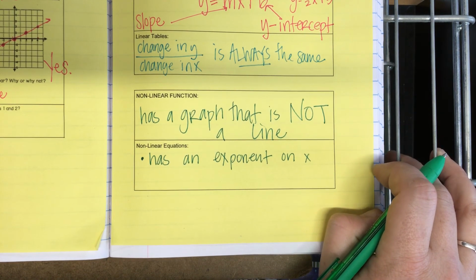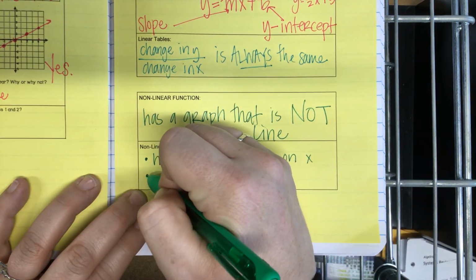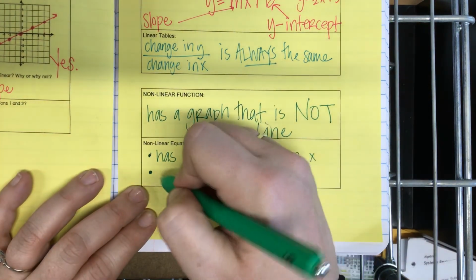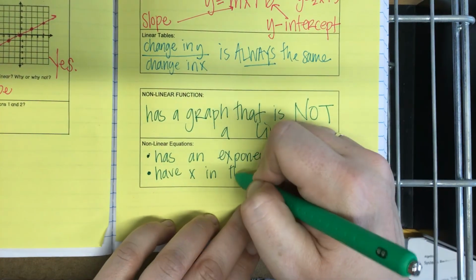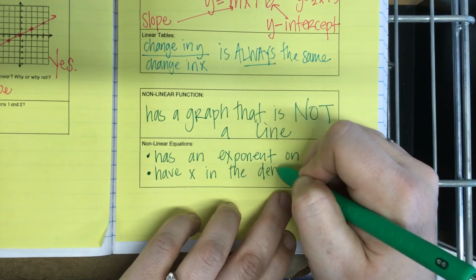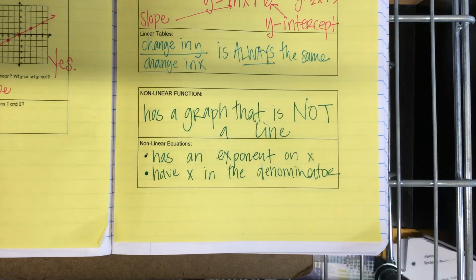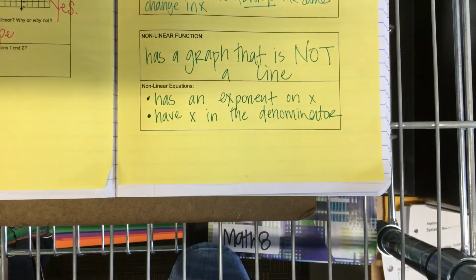It could be x to the third. It also could have x in the denominator. Where's the denominator? Bottom of a fraction.